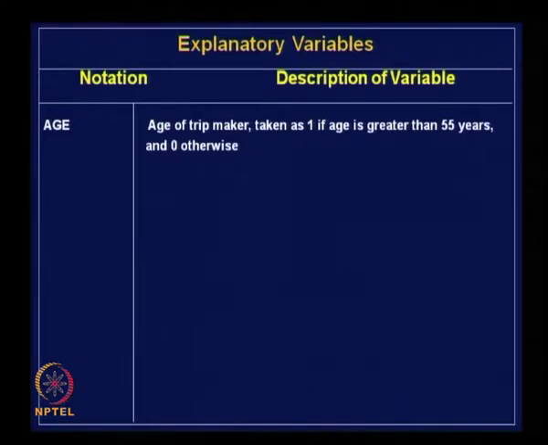The first variable was age. Age of trip maker was taken as 1 if age is greater than 55 years and 0 otherwise. This was necessary to distinguish between people in service and retired employees of different organizations. Retirement age at that time was 55 years.